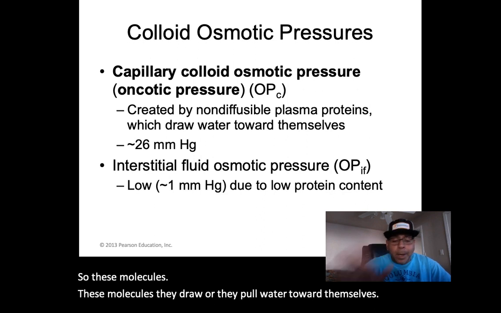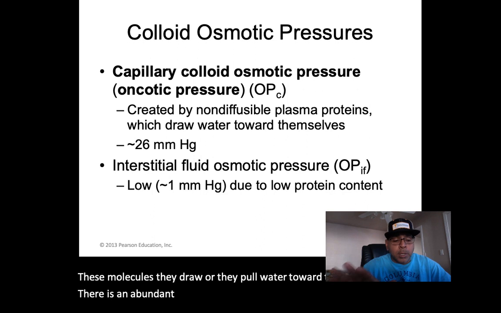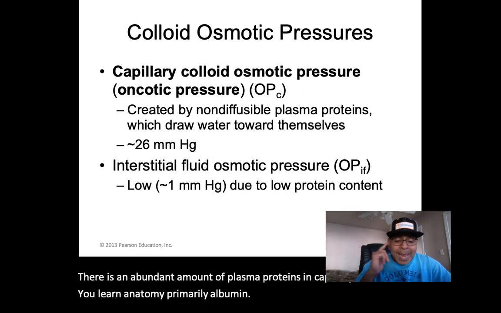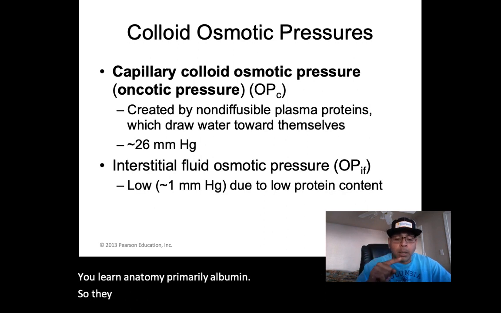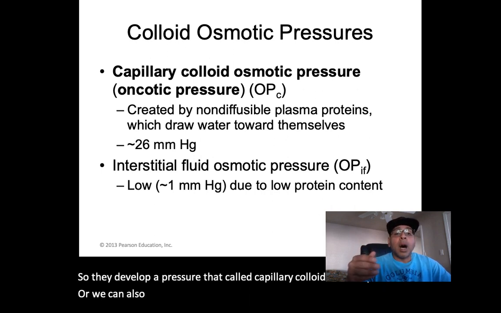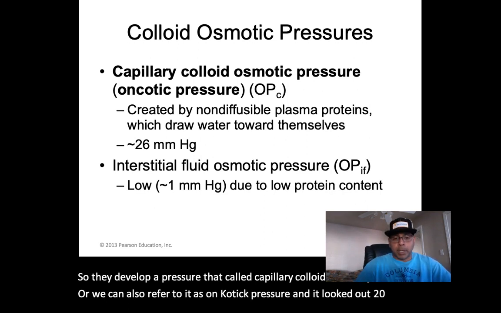There is an abundant amount of plasma proteins in capillary blood, you learned in anatomy primarily albumin. So they develop a pressure that's called capillary colloid osmotic pressure, or we can also refer to it as oncotic pressure, and it's about 26 millimeters of mercury.